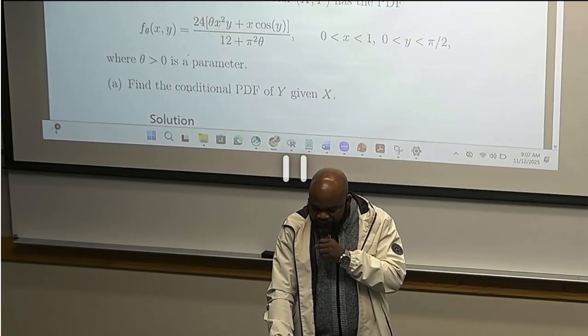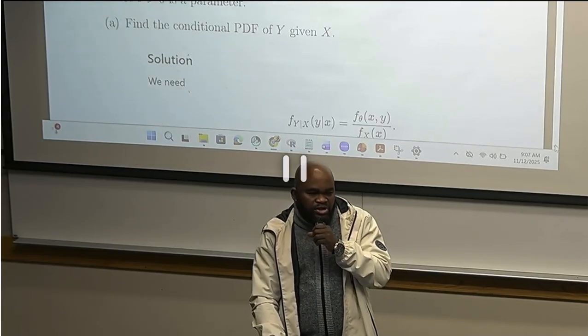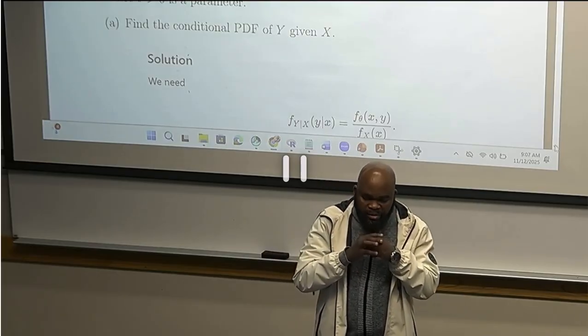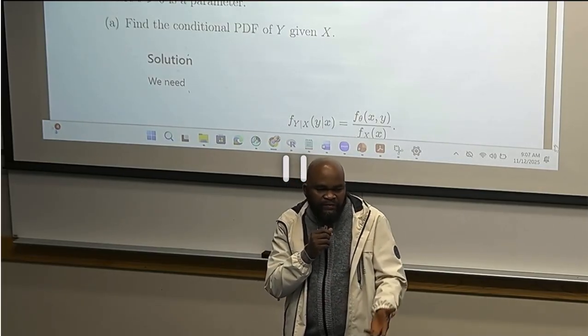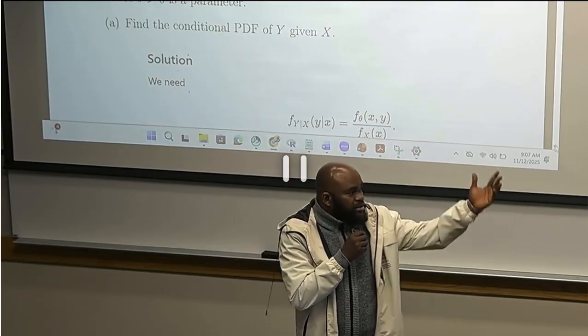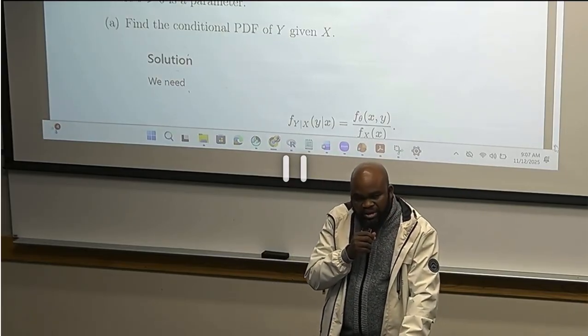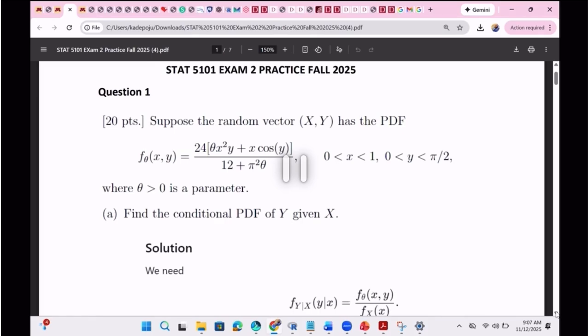I can confirm to you that in this exam there's going to be a function f of x,y, could be any function, just like the one you see right now. And a question on the conditional function is going to be asked, the conditional function of y given x or x given y.